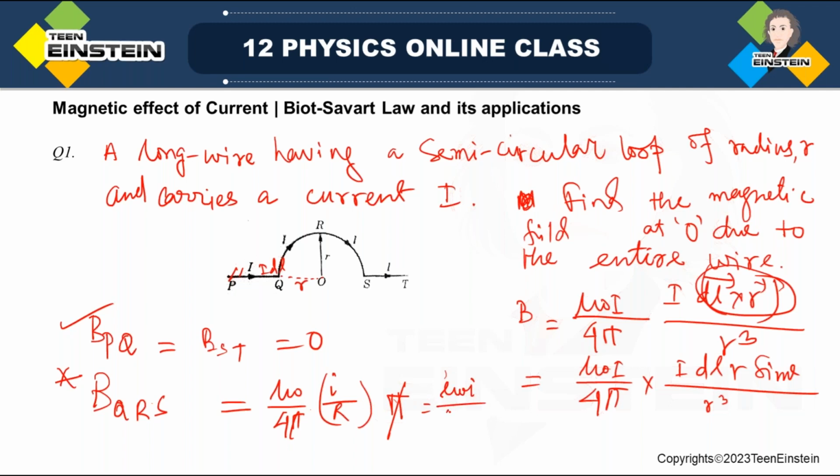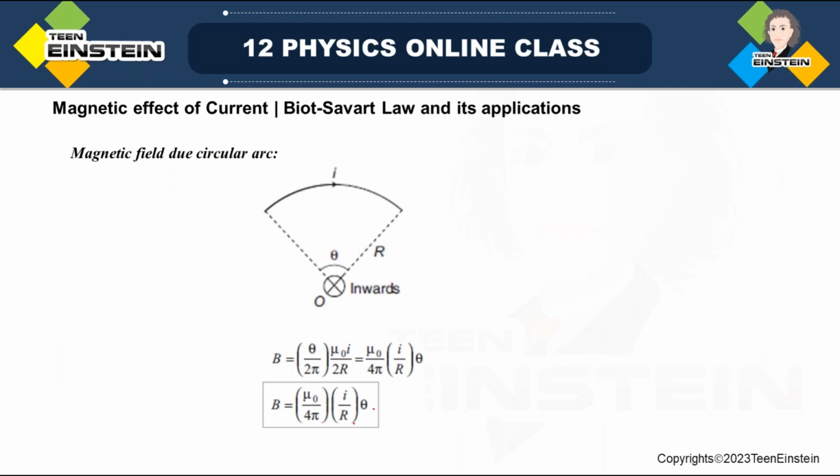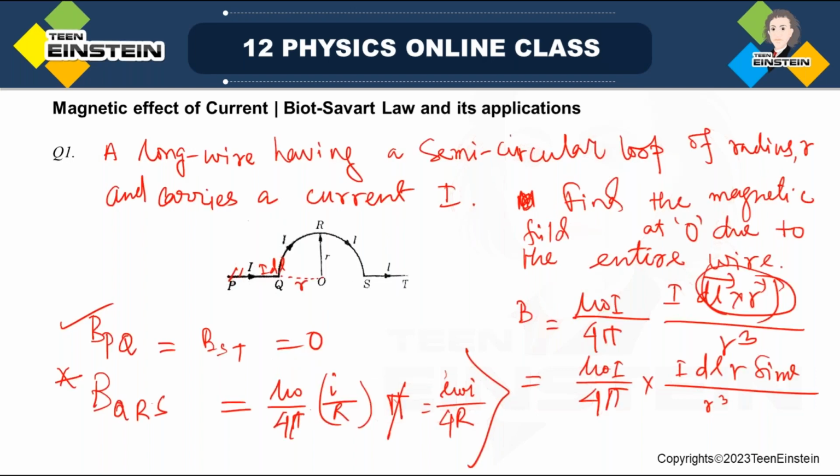So for the curved path you'll get mu 0 I by 4r, just by applying the previous formula. The total magnetic field at this point is only due to the curved path, that is B_QRS equals mu 0 I by 4r.